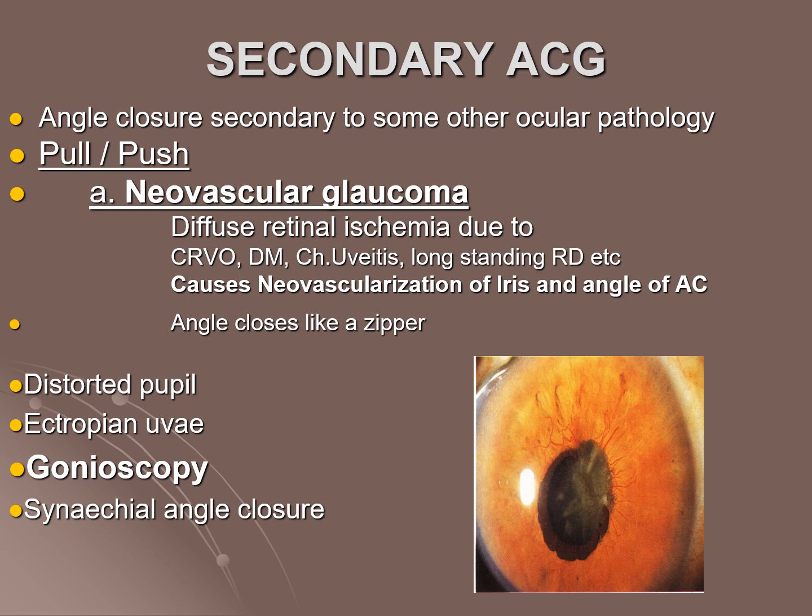This neovascularization in the retina, in the anterior chamber and on the iris causes rubeosis iridis. It causes angle closure like a zipper action. So the pupil may be distorted, ectropion uvea may be there, and you may find vessels on the iris, rubeosis iridis, and vessels at the angle of the anterior chamber. Gonioscopy shows synechial angle closure.